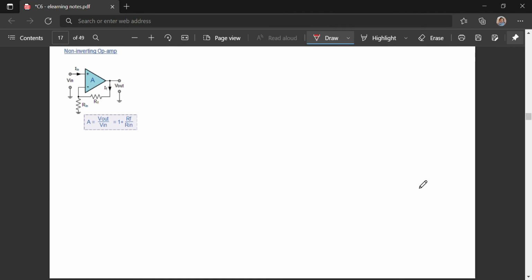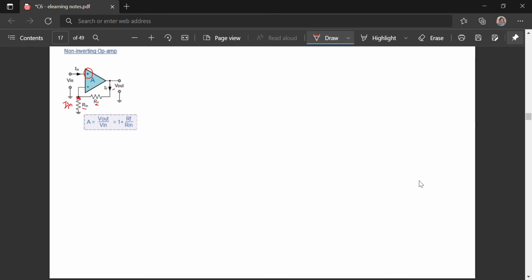Next we have the non-inverting op-amp. Non-inverting means the input is connected to the non-inverting part of the op-amp. Here you have R in and R F, and I label I in and I F here.